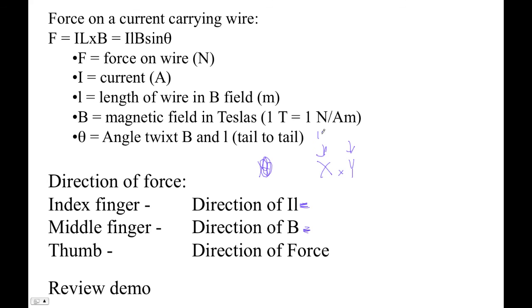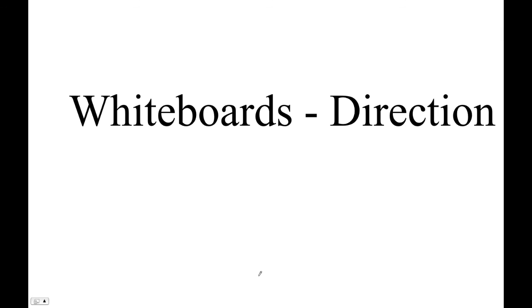So this is always index, this is always middle finger, and then your thumb is the direction of the resultant of the cross product. We'll do this in class. I've got other videos where I use the camera to do this, so you'll have to look at those to learn this right-hand rule.